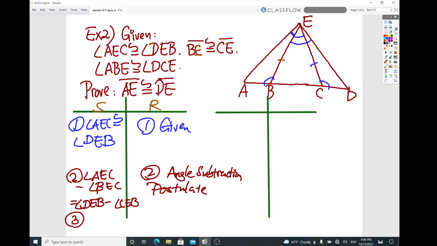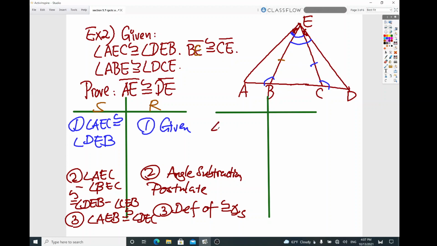One thing we notice once we subtract is that angle AEB is congruent to angle DEC, by the definition of congruent angles. Since this angle is congruent with this one, the segments are congruent, and also the angle down here on the bottom, angle ABE, is congruent to angle DCE.